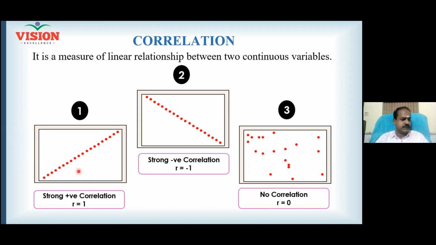And now there are three diagrams, 1, 2, and 3. Look at the third one. See here, there are so many red color dots. These red color dots are nothing but the value of y obtained for specific values of x. Am I correct? As I keep on changing the x, my y assumes this value. Now, if you look at the graph, it looks like how the stars are scattered in the sky, isn't it?